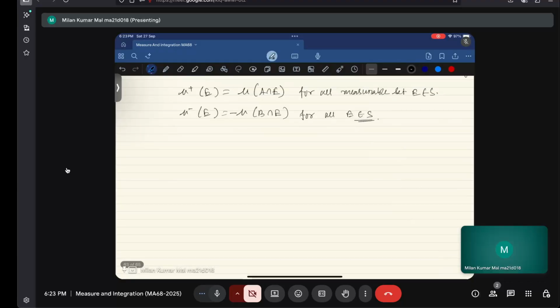Then mu is equal to mu plus minus mu minus, and mod mu is equal to mu plus plus mu minus.